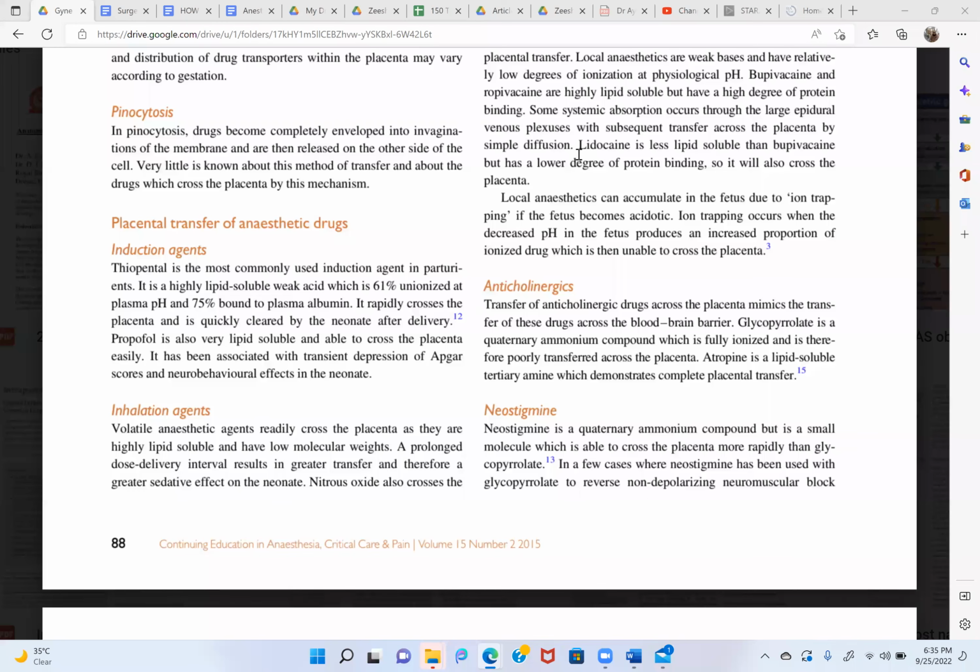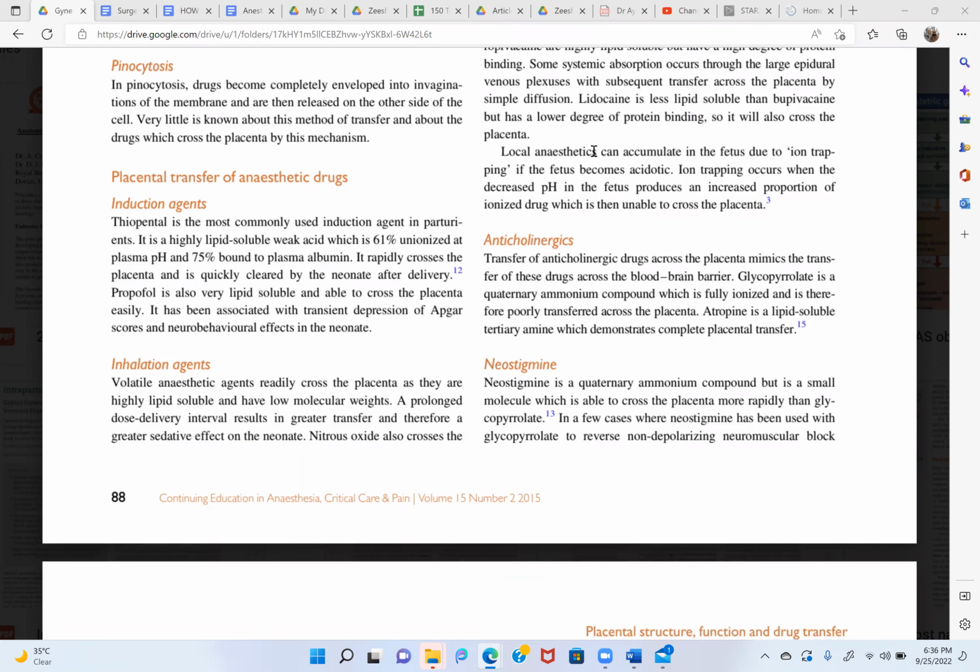But this is more of a theoretical effect, because the drug levels transferred to the placenta will not be that significant from any other source, because it will be coming from the venous part and going through the liver. There is metabolism, so it will not create any problem. That's why you never face any problem in giving spinal in a pregnant patient, or it does not cause any problem in the babies.